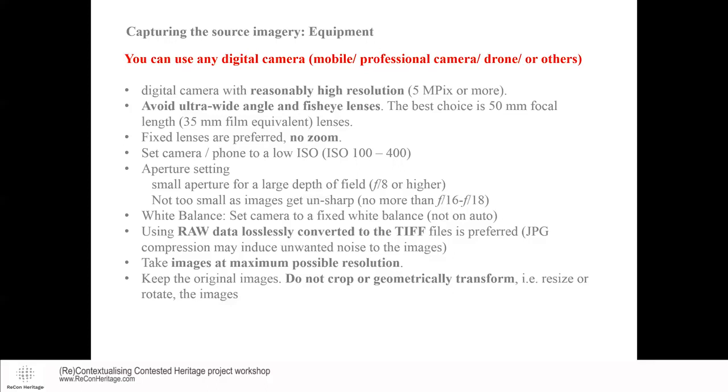They'll have very minor errors that TIFFs are better for, but you'll still be fine for most modern cameras. Take the images at the maximum possible resolution you can. You want to get the most information on the sensor from your subject, and keep the images as they are when you shoot them. So don't crop them, or change them, like resize or rotate them. Keep them exactly as they are.